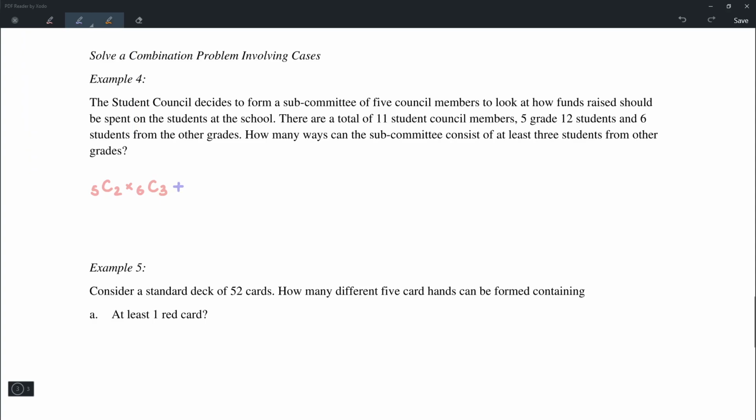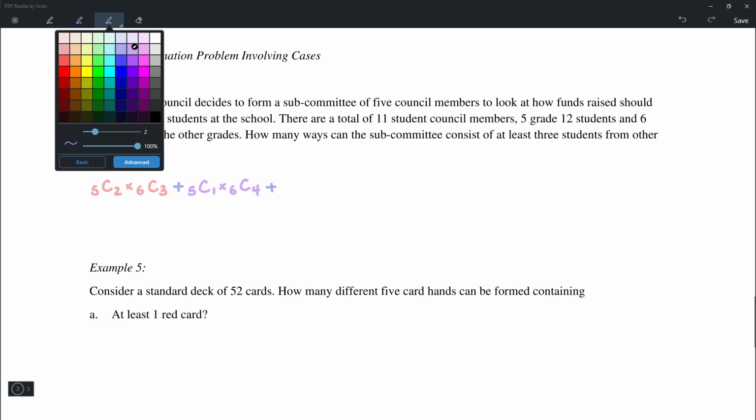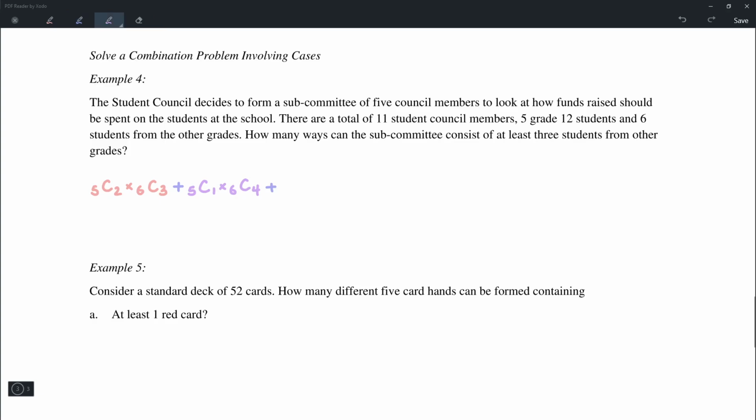We're going to add the second case, which is going to be 1 grade 12 and 4 students from the other grades. And then we have the third case, which is going to be no grade 12, so 5 choose 0, and then 5 students from the other grades out of 6.